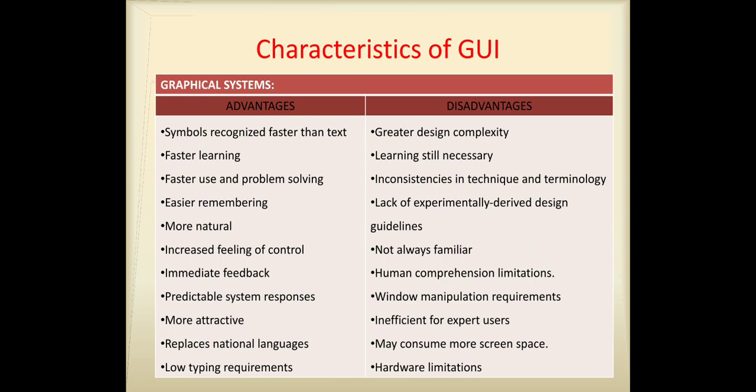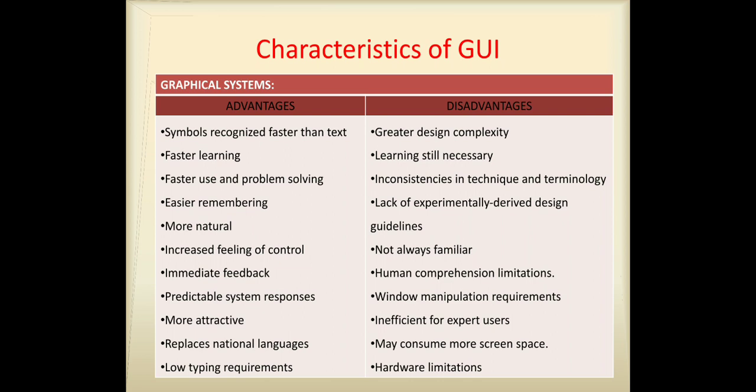These icons allow speedy recognition of the type of message being presented. Similarly, it also enables faster learning. That is, a graphical or pictorial representation aids learning and symbols can easily be learned.